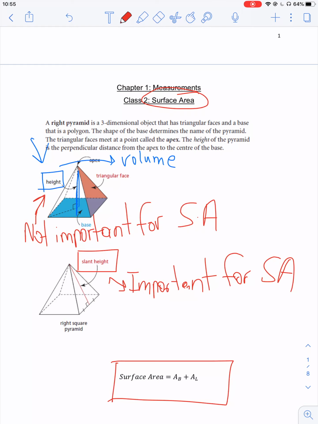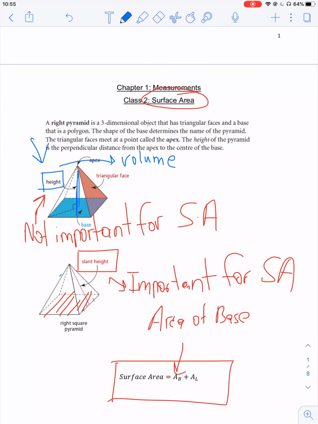Again, everything that can be painted, right? So you can paint the base. That's where AB comes from. This is the area of the base. And AL stands for lateral area. By that I mean the area of your walls.